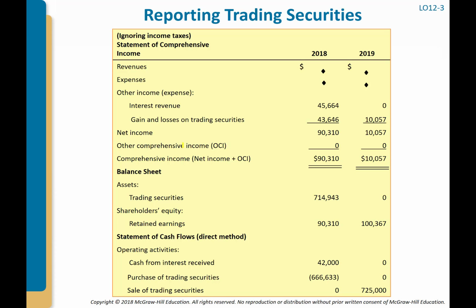Okay. Yes, but I'm going to add one more step to it just to make it seem like more than it is. I'm going to credit income summary for the total of these, and I'm just going to steal from the screen, 90,310. Is that correct? It's the total of those. So I credit income summary, and then what do you want me to do?